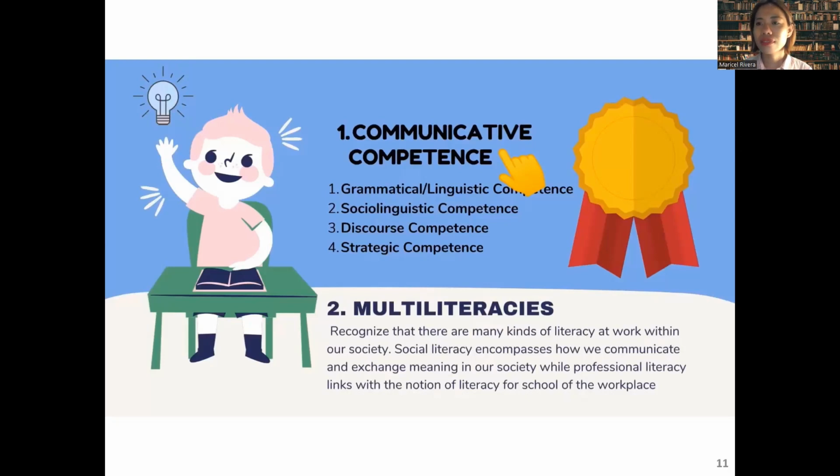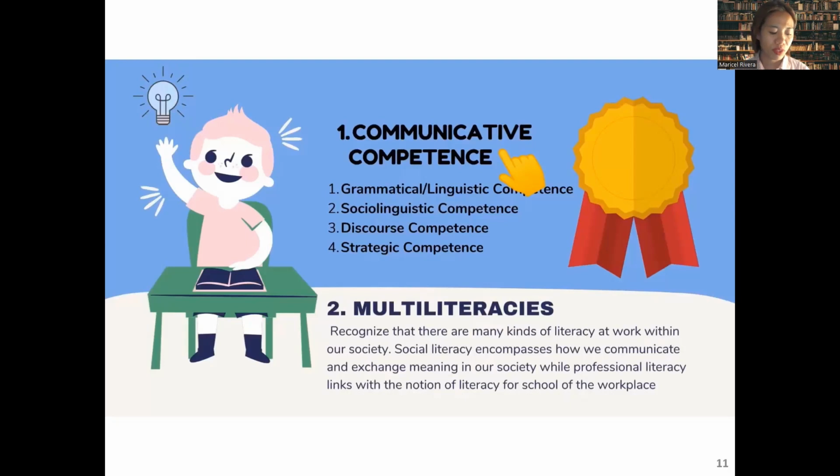So in that case, there is a need for further dialogue, right? But if the person you are speaking with is open enough to listen to your explanation and to also talk about it, then whatever language gaps you have will be solved. So that is strategic competence.